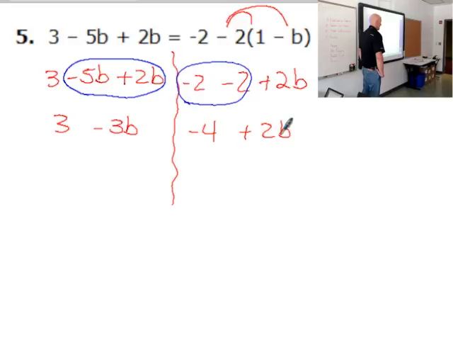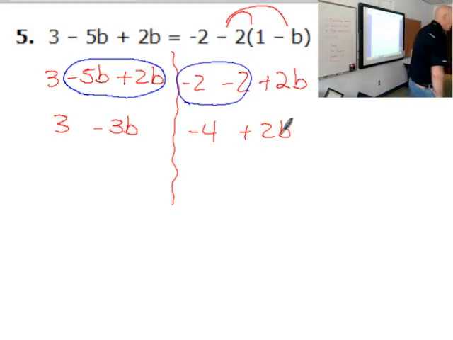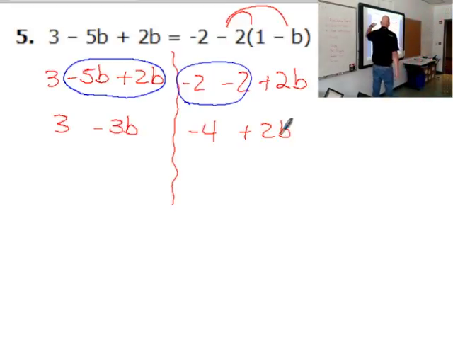Now how many terms are we down to? We're down to 4 terms, right? We went from 6 to 4. Now we're in that moving process where we want variables on one side, numbers on the other. So what are we going to move? The negative 3b.